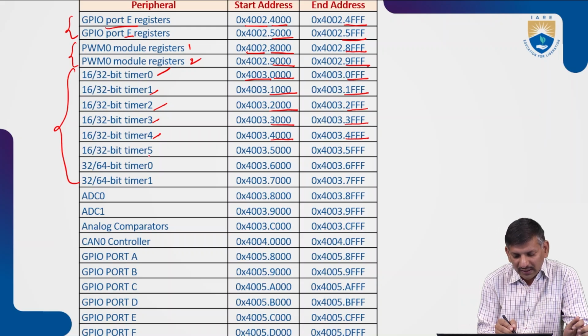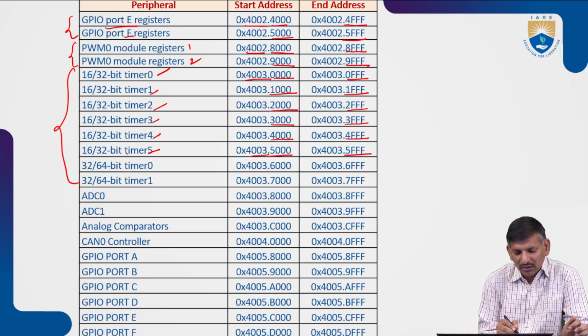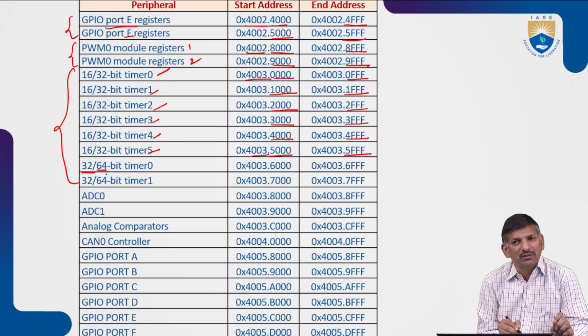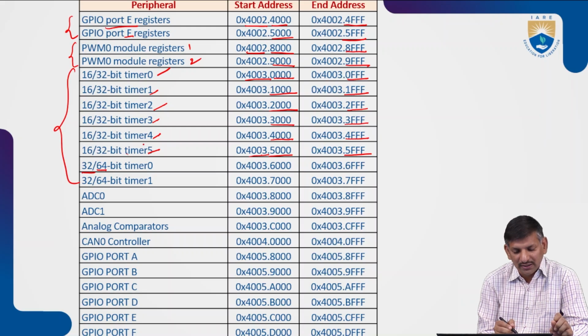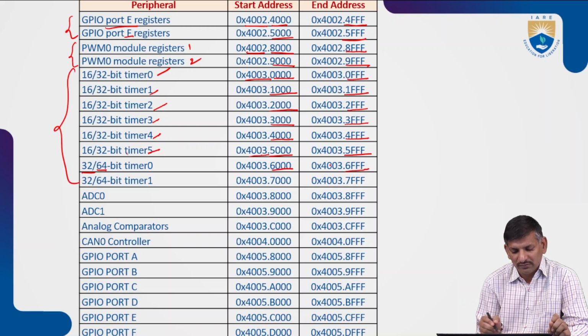Again, timer 5, that is 4003 series, 5000 to 5FFF. Next, if you are using the timers register as 32-bit or 64-bit timer, at that time, the address range is 6000 to 6FFF. Timer 1, 7000 to 7FFF.